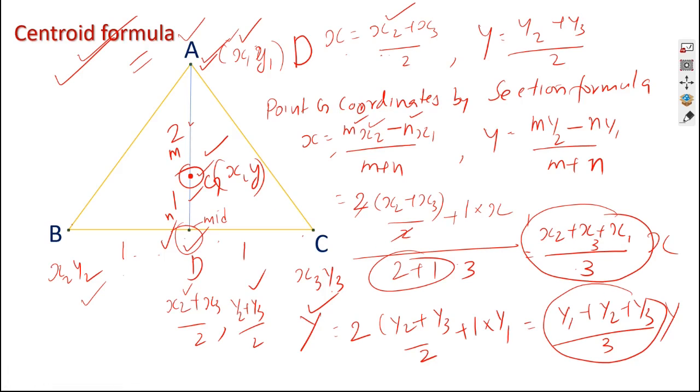The centroid formula will help us find the centroid of a triangle, provided the vertex coordinates are given. So that way we can solve the situation. If vertices are given, we will find the centroid coordinates of a triangle. That is the beauty of it. Okay.